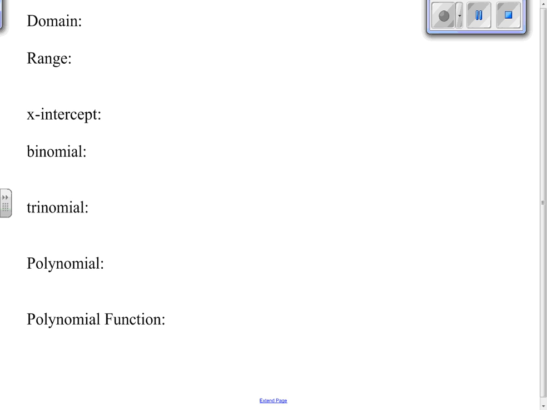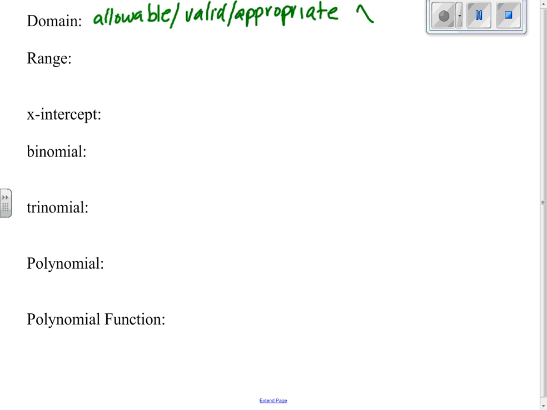Domain and range you have probably seen before in grade 11, but let's write a definition down. Your domain, or your allowable, you could use the word valid or appropriate, X values, or your input.